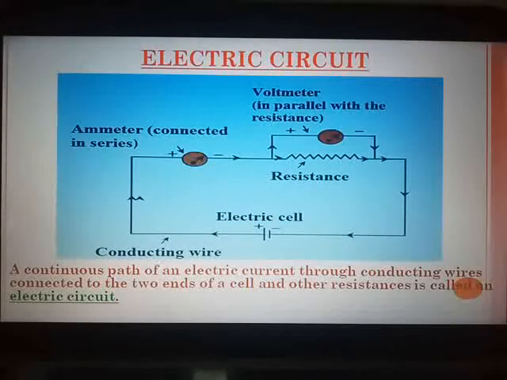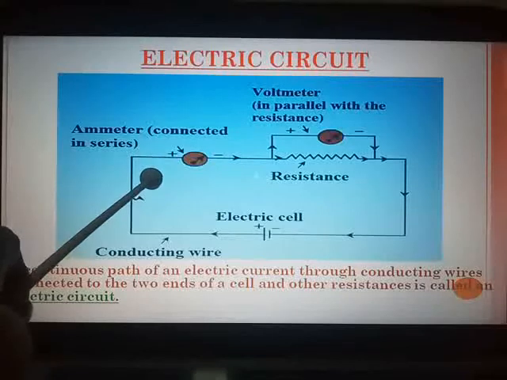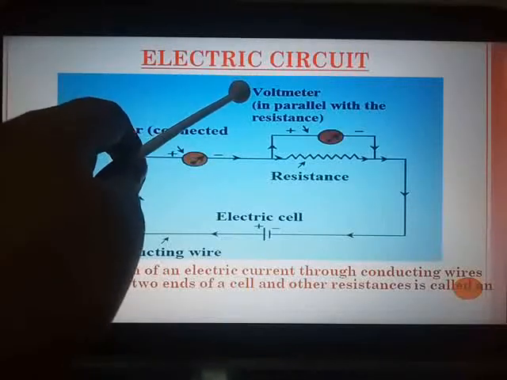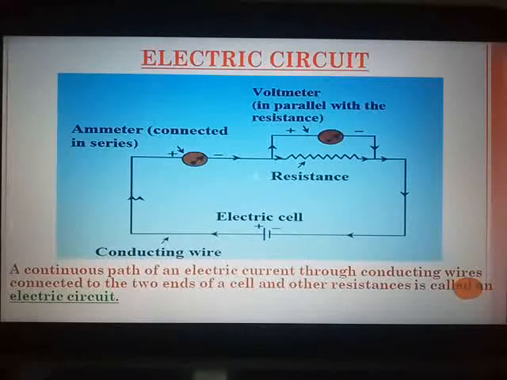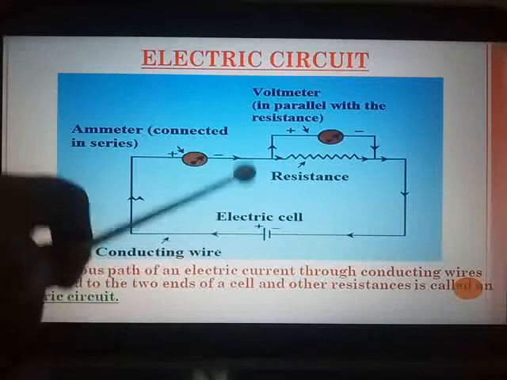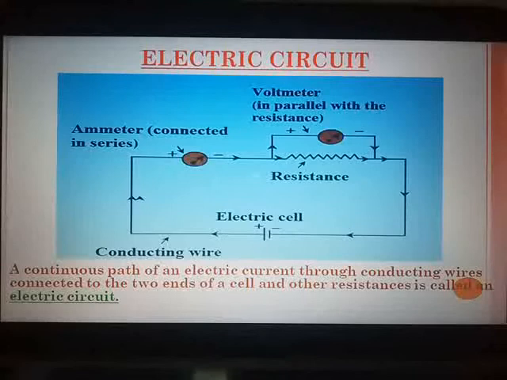Electric circuit. What do we mean by an electric circuit? You can see a circuit diagram over here. Here you can see an ammeter, which measures current. It is connected in series. A voltmeter, which measures the potential difference, is placed in parallel with the resistance. You can see here an electric cell with positive and negative terminals, and a conducting wire.